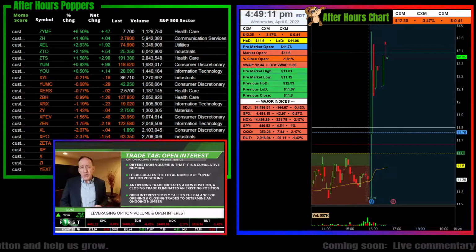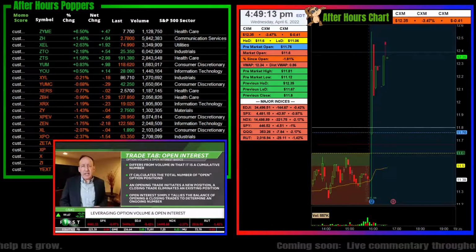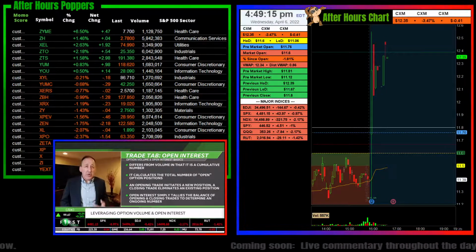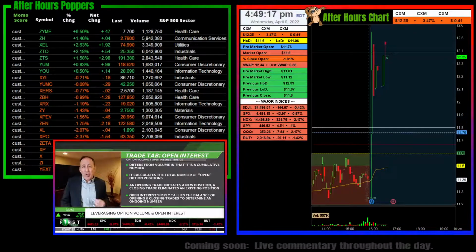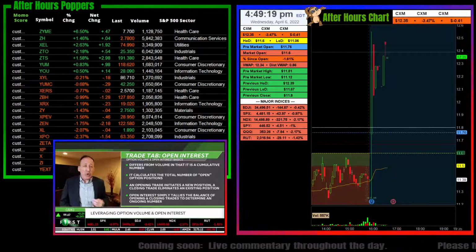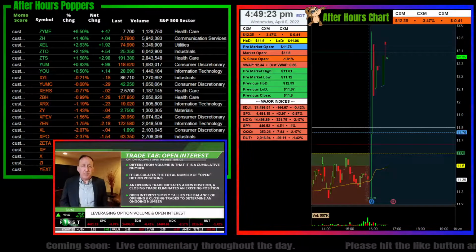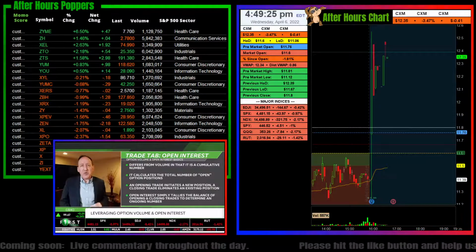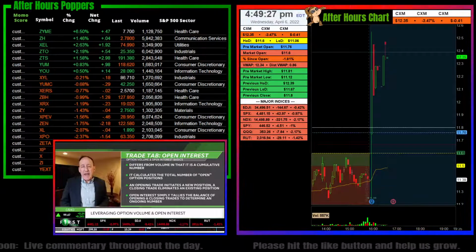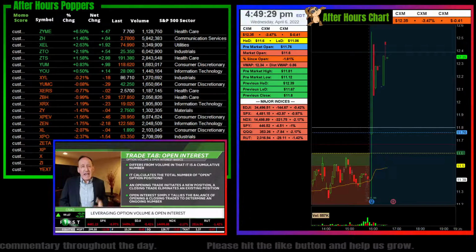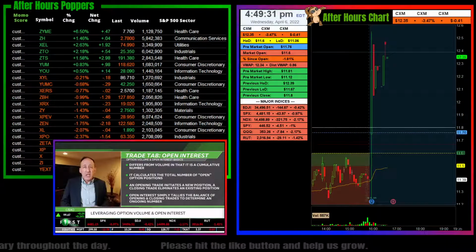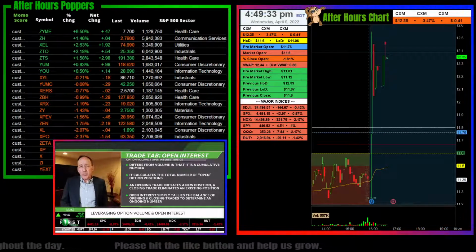So it's important to understand how open interest is calculated. Remember, an opening trade initiates a new position, and a closing trade eliminates an existing position, Scott. Now, open interest simply is going to tally the balance between the opening and the closing trades to determine an ongoing number.